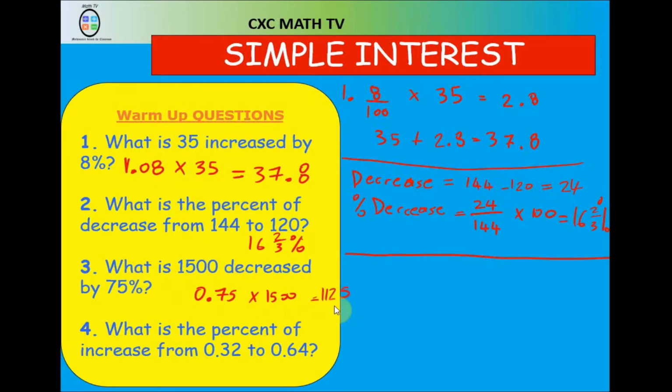So if it's decreased by 1125, then the remaining amount is 1500 minus 1125, and when you do the subtraction, we're getting 375.